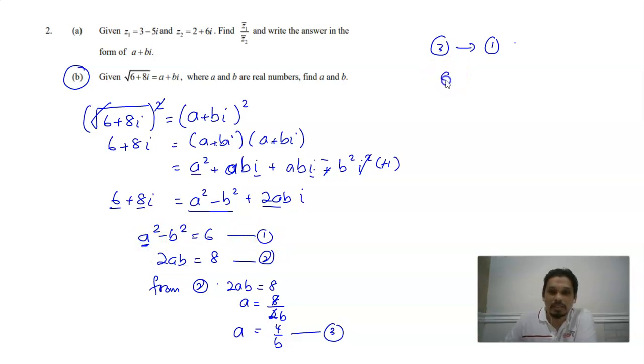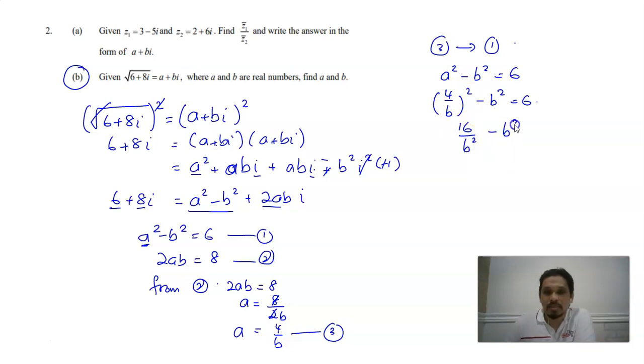So then a squared minus b squared equal to 6, where a is 4 over b, squared, minus b squared equal to 6. 4 squared is 16 over b squared minus b squared equal to 6.